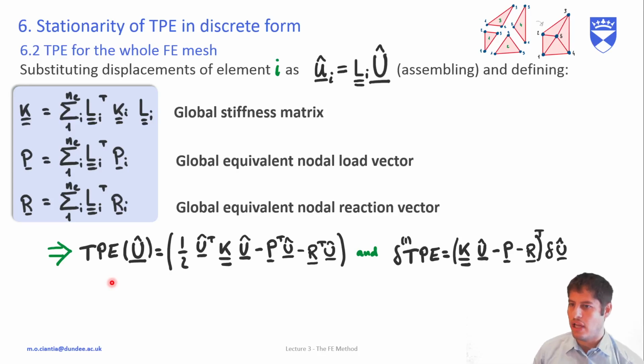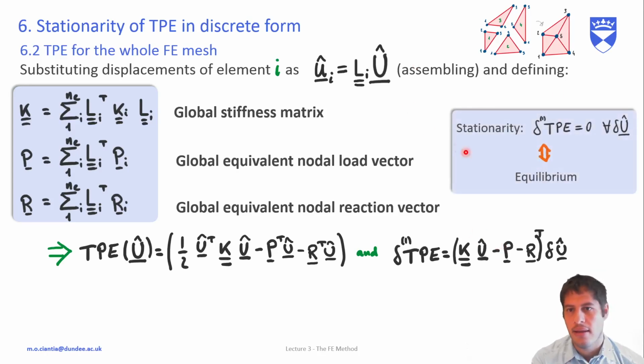So the total potential energy in terms of the global displacement vector, U, is then equal to half U transposed K U minus P U minus R U. And therefore its variation, the first variation, is equal to this.